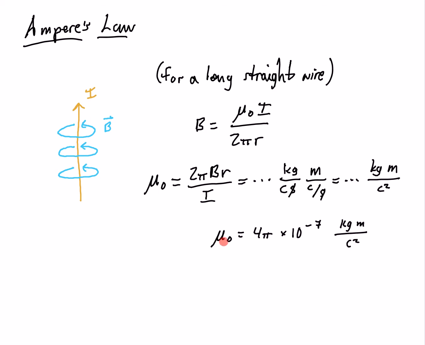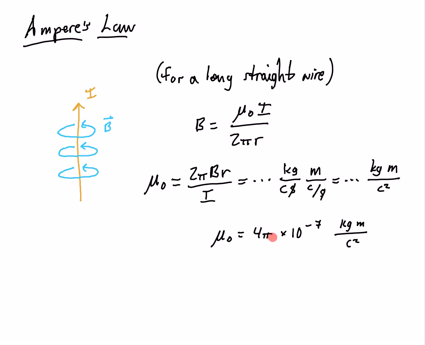Now the exact value of mu naught is defined as 4 pi times 10 to the minus 7th in these units. Note that I said exact value and defined because it is unusual to have a constant that's equal to a number like 4 pi, an exact number rather than just a decimal of some significant figures.